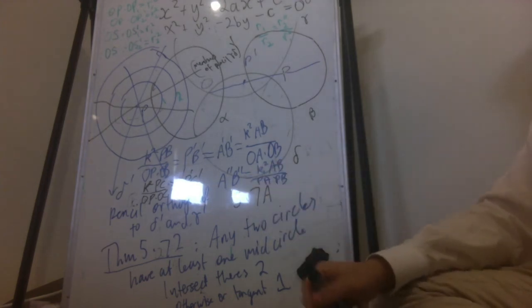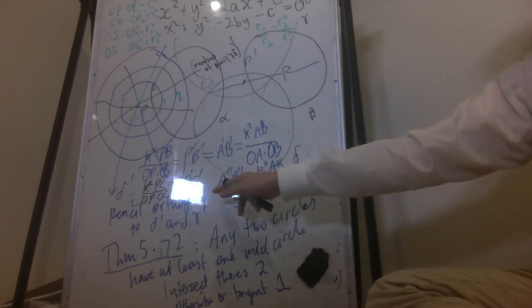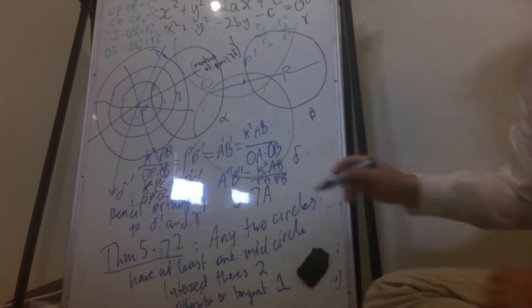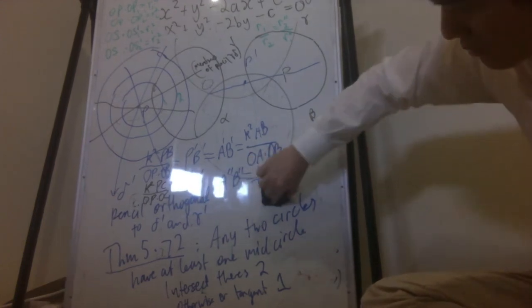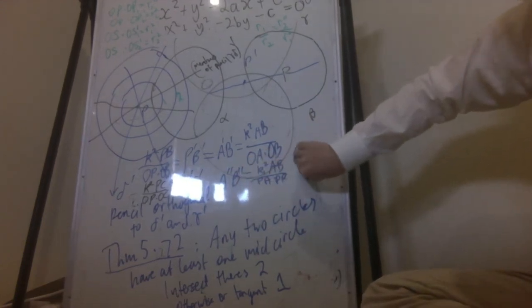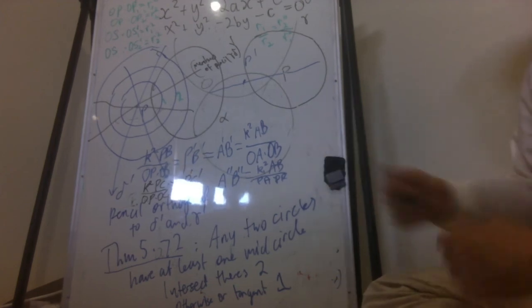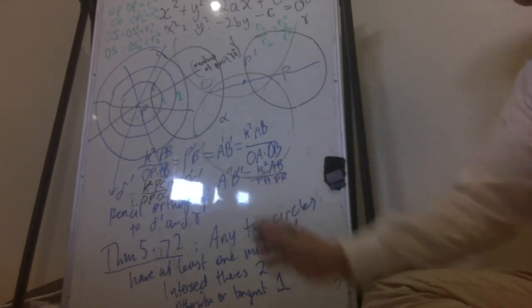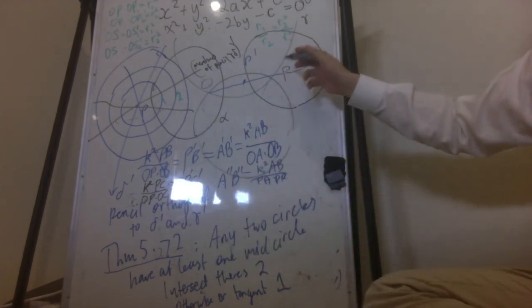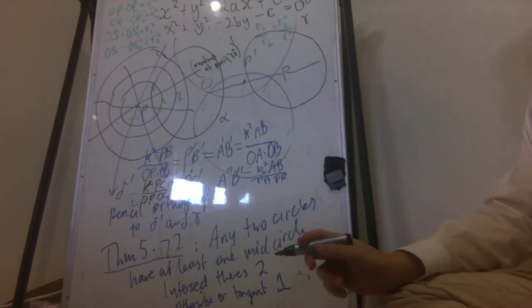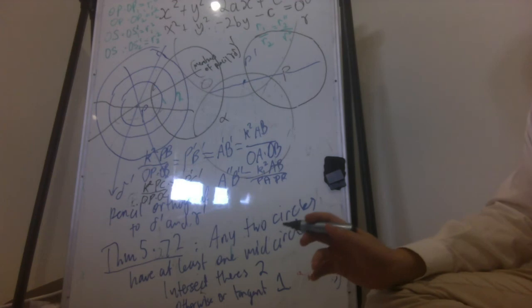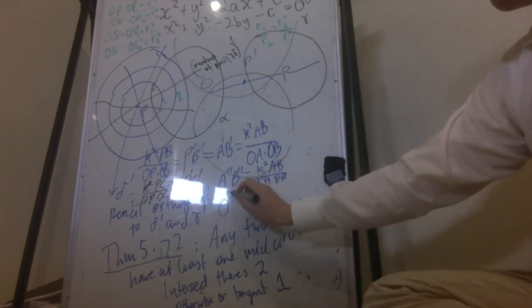And now we want the O's to be O double prime. We want the radii now for the other circles. So the center of these circles is now O prime. No, we'll call it O double prime.